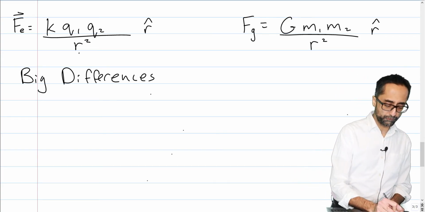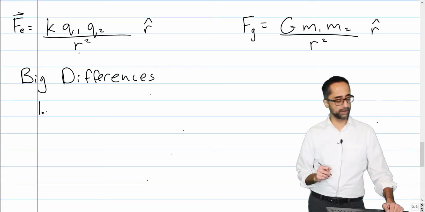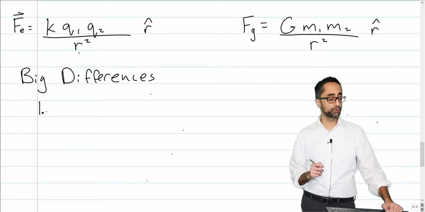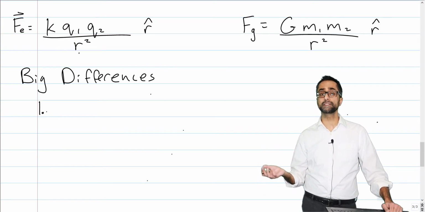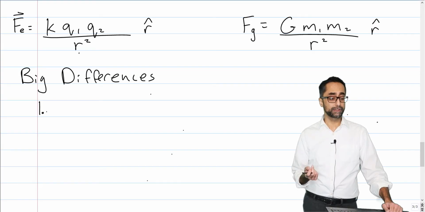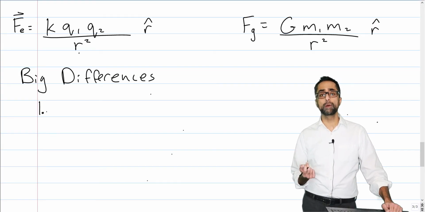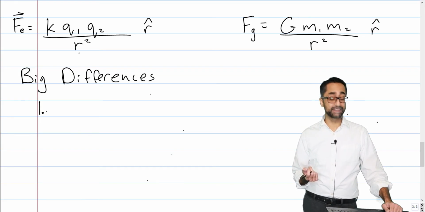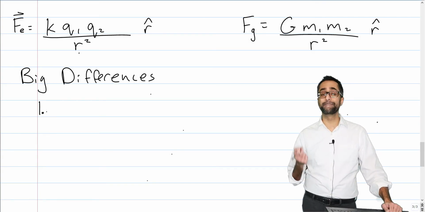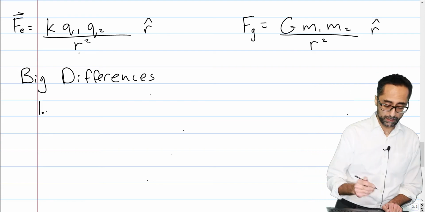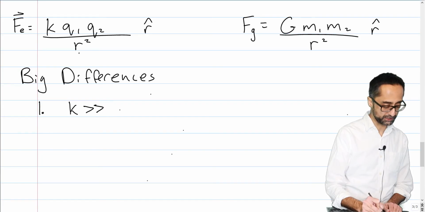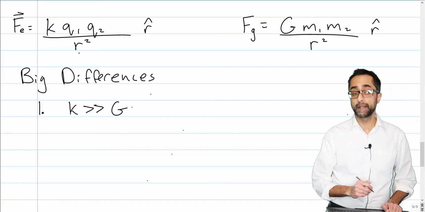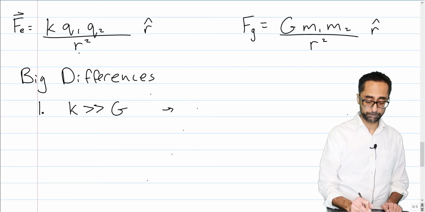And so the first one that really jumps out, I've kind of already said, has to do with the big difference between our constants, K and G. Well, K, the Coulomb's constant, is very, very large. Our big G, that is Newton's constant, is very, very small. And in comparison to one another, K is much, much bigger than G.